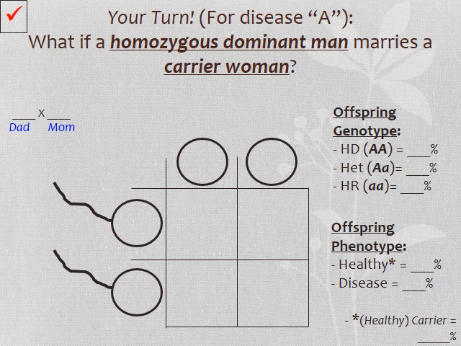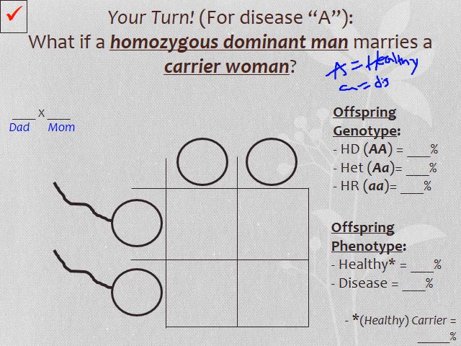Now, let's think back to the A disease once again. What if a homozygous dominant man marries a carrier woman? Remember we're still looking at the A disease, so big A is healthy, and little a has the disease.